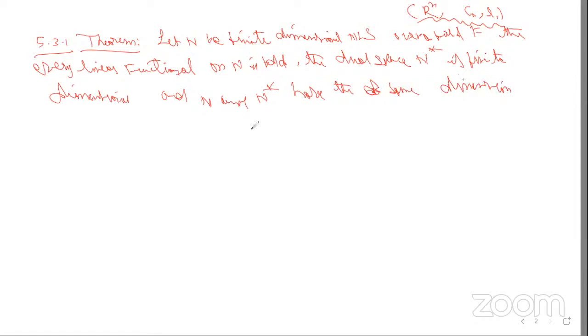What is the statement? Let N be a finite dimensional normal linear space over a scalar field F. Then every linear functional on N is bounded. The dual space N star is finite dimensional, and N and N star have the same dimension.